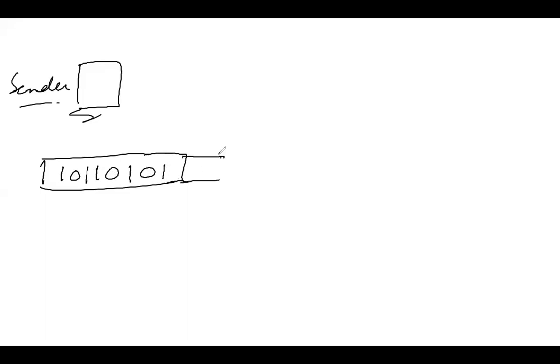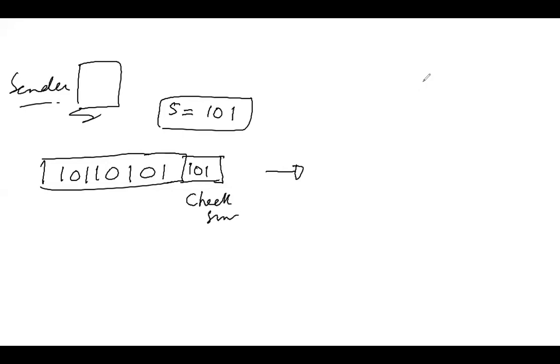So he will send over here, for example, 101, because 5 in binary is equal to 101. Now he will send this message to the user. This is called a checksum.